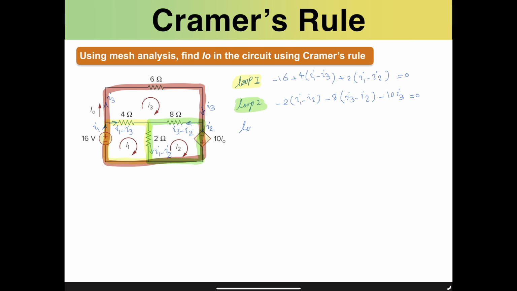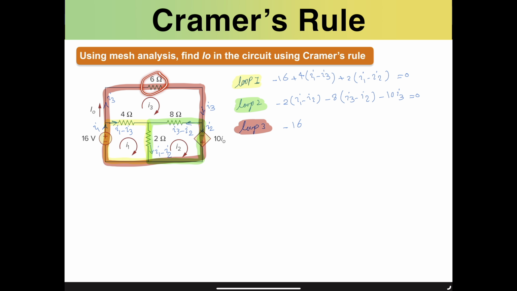So in loop 3, which we are calling the red color, we start in an arbitrary position, and again the bottom node could be the arbitrary position. In this case we can still move in the clockwise direction, and we enter through this minus 16 independent voltage source, so minus 16.